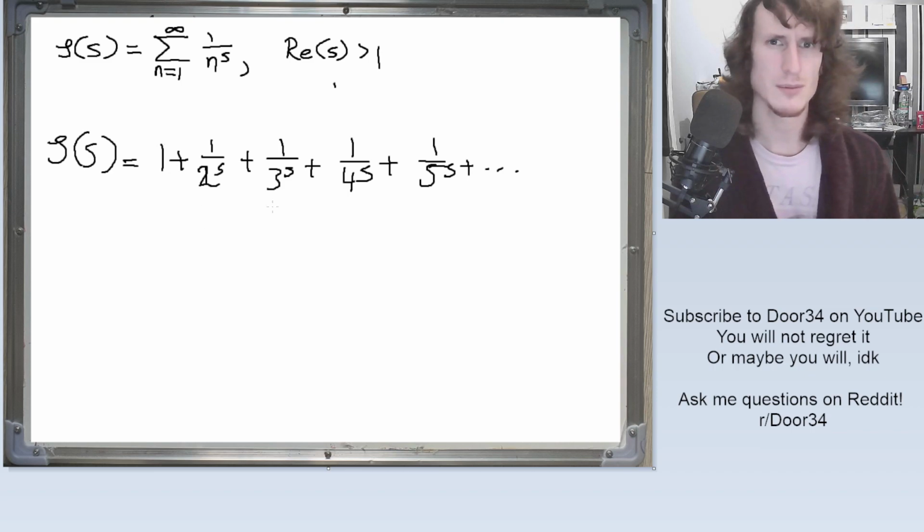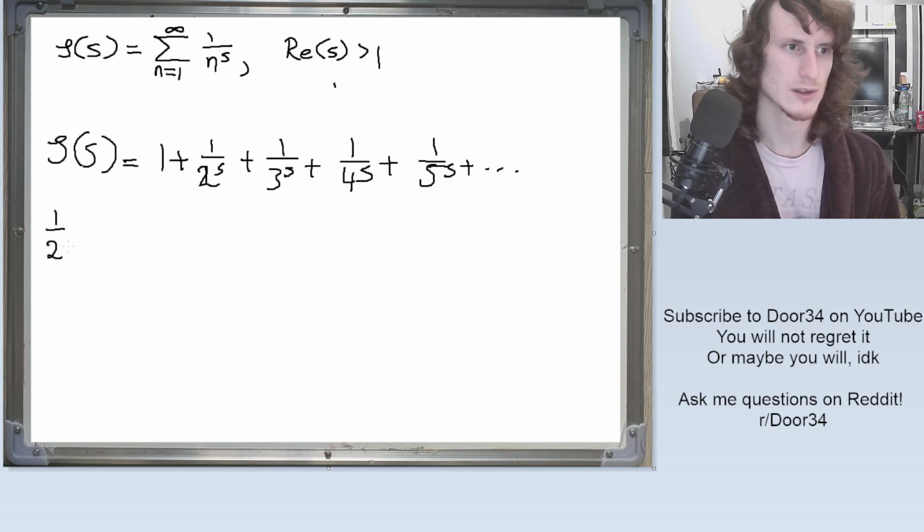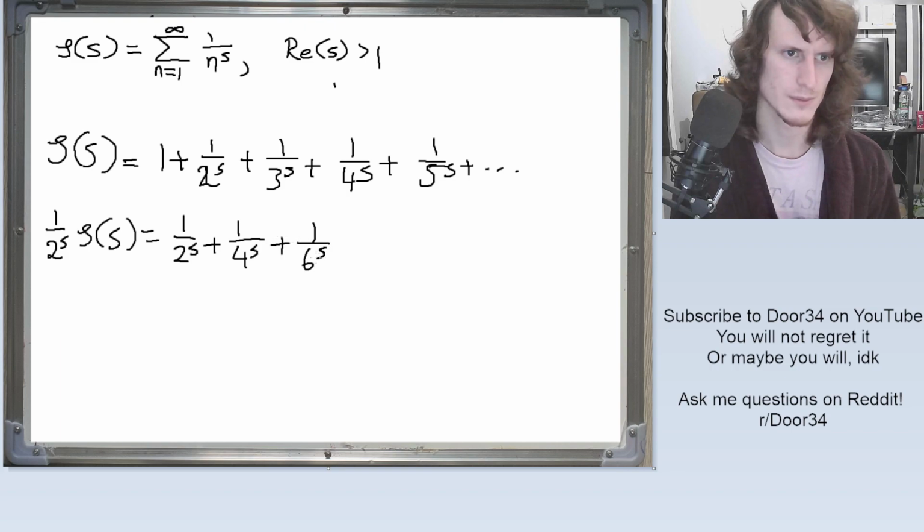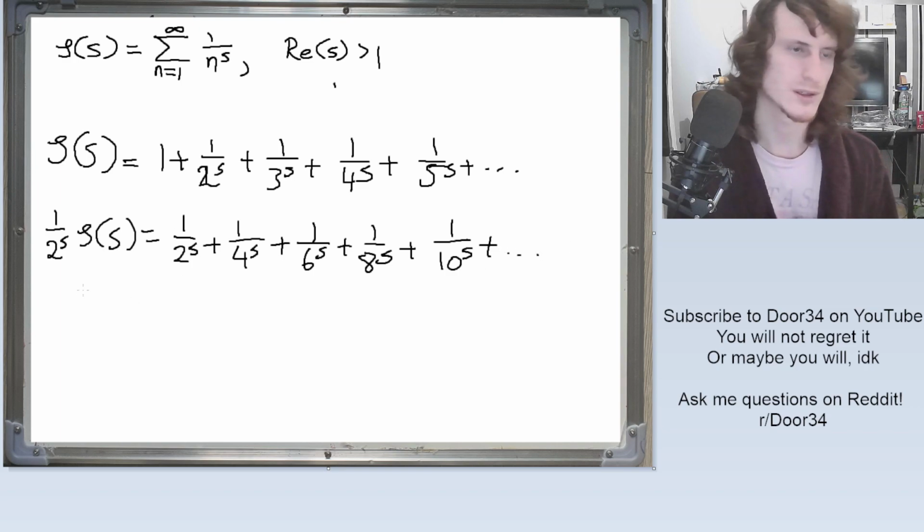Now I'm going to multiply this function by 1 over 2 to the S times zeta of S. Just go term by term, and I'm just going to write out 5 terms. That's a good enough representation of this thing.